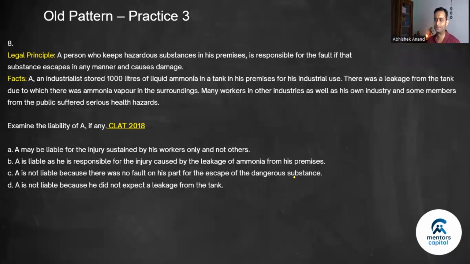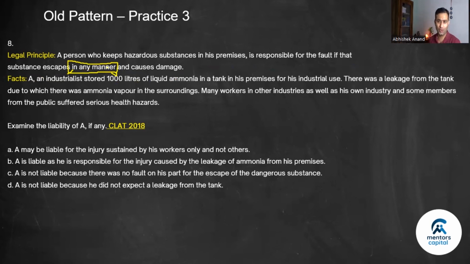Last question of the day. Pause, solve, play. A person who keeps hazardous substances in his premises is responsible for the fault if that substance escapes in any manner. This is important. In any manner, whether it's your fault, someone else's fault, in any manner means whatever the cause.